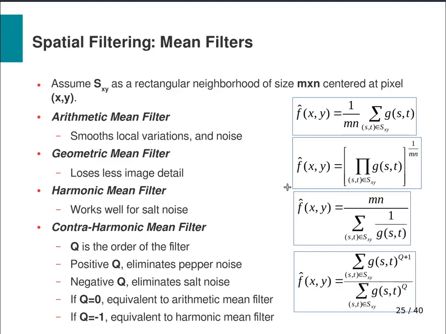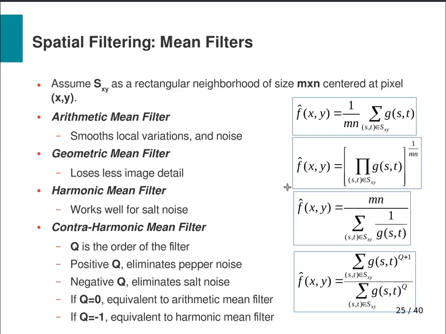So let's go over the mean filters. Just like what we discussed before, when we are doing filtering in images, we consider a small neighborhood around pixel (x,y), in which pixel (x,y) is at the center. We want to calculate the new value for the center pixel based on the intensities of its neighbor pixels.